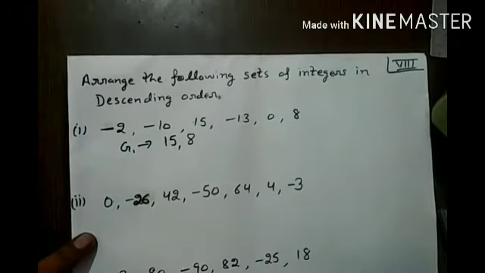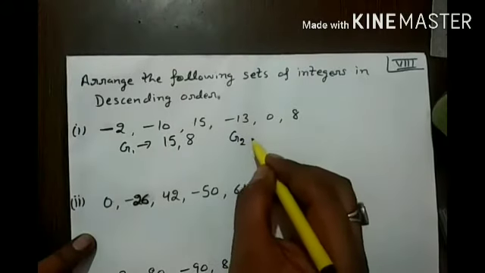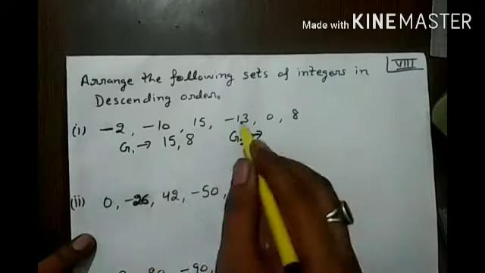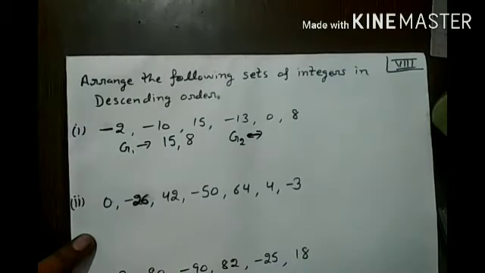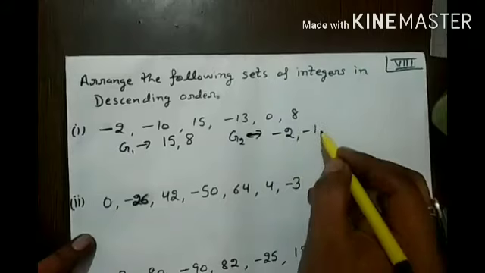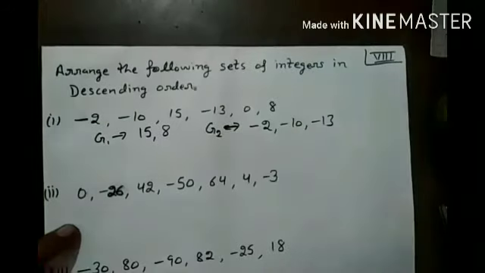Now the group 2 will be of negative numbers: -2, -10 and -13. Now you will see 0 is also present there, that is not positive and also not negative.